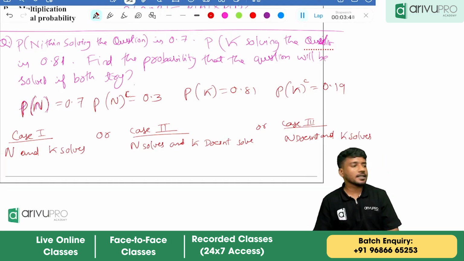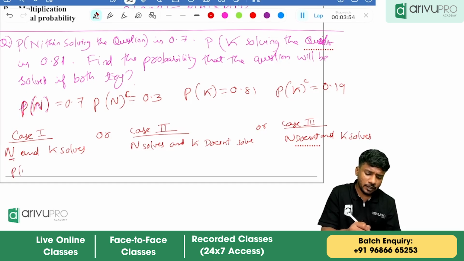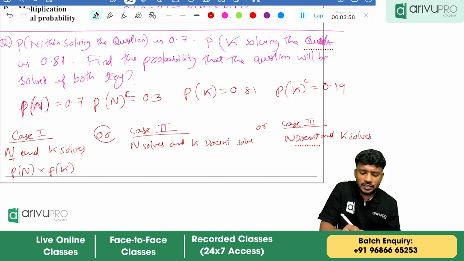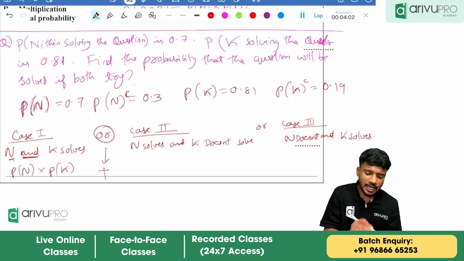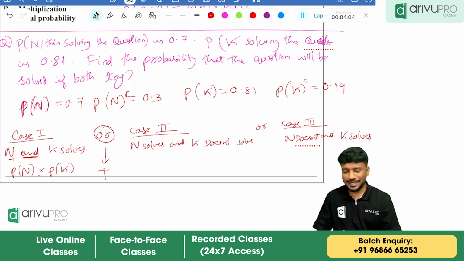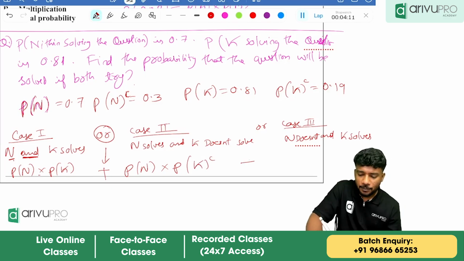Using these cases, we can easily solve the answer. Whenever you see the or sign, you should put a plus sign. Whenever you see an and sign, you should put a multiplication sign. Then P of N into P of K complement plus P of N complement into P of K.